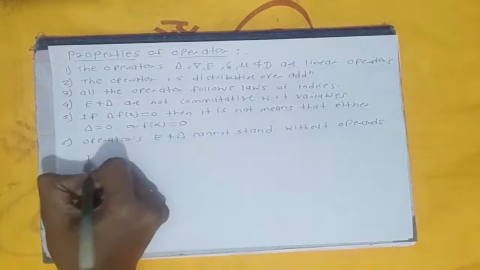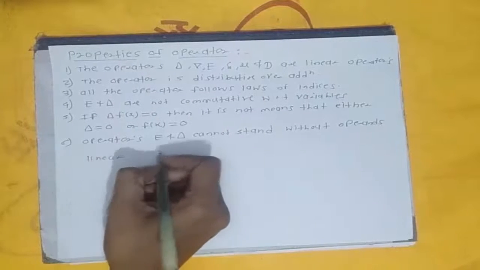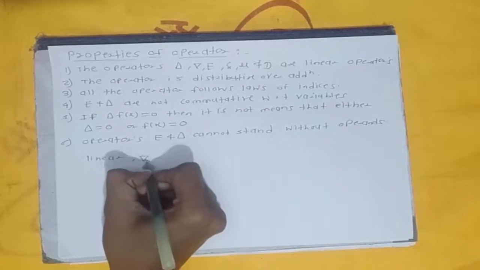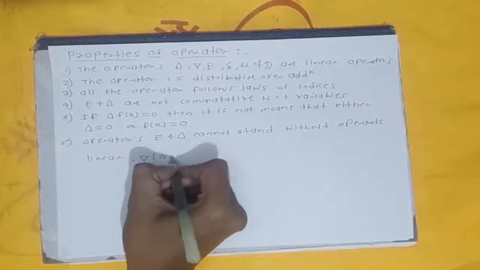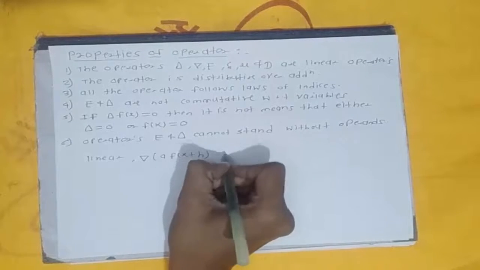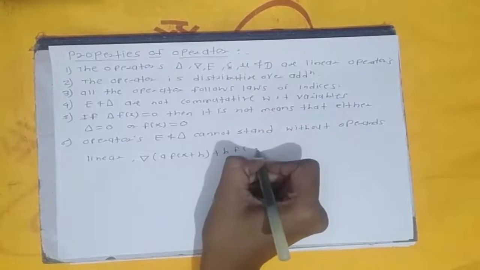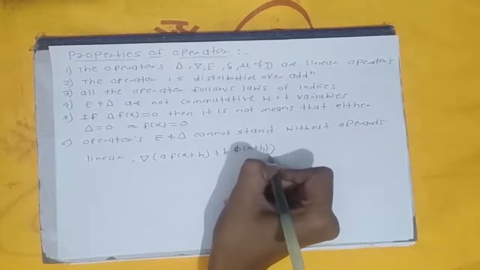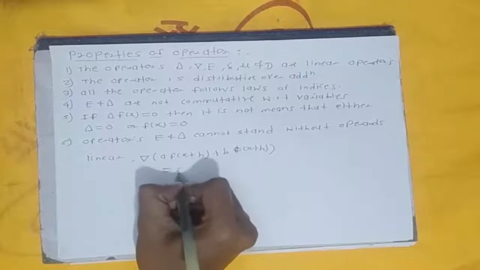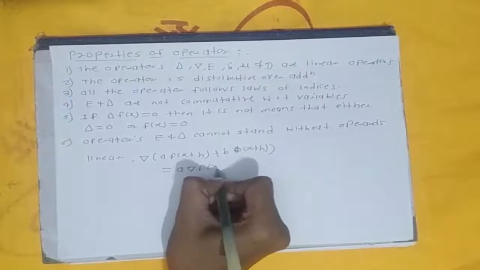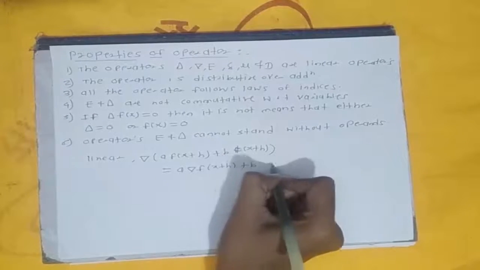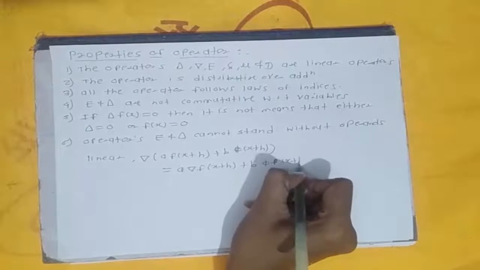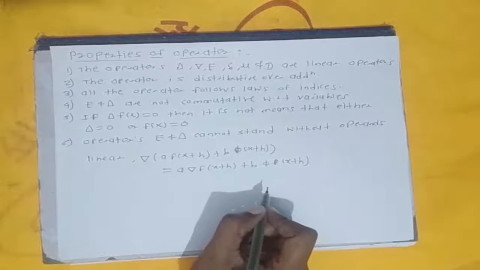Linear means, for example, for the delta operator: delta of a f of x plus h plus b phi of x plus h is equal to a delta f of x plus h plus b delta phi of x plus h. That is the definition of linear.